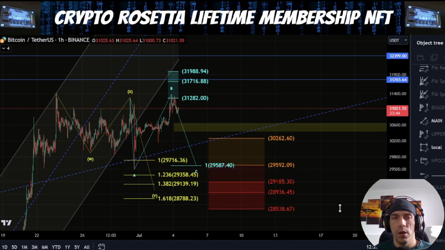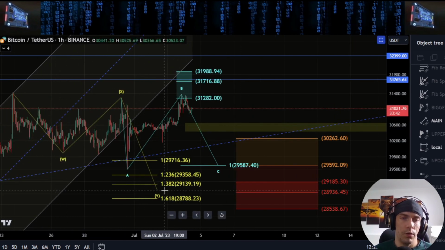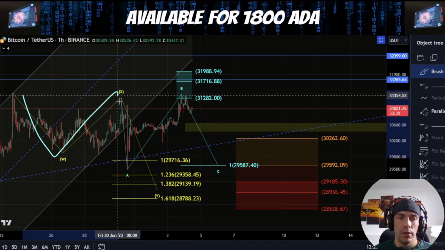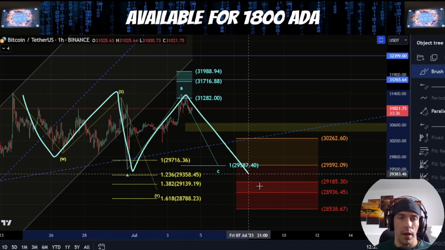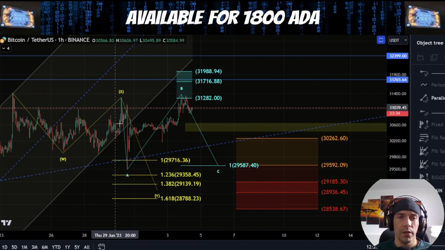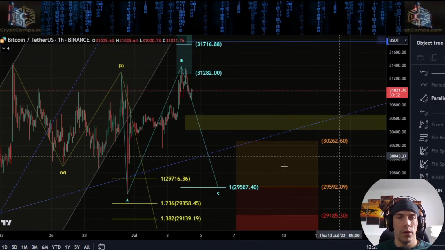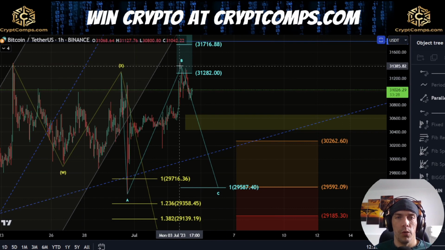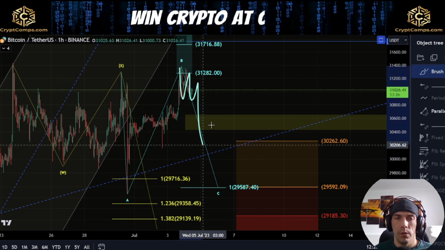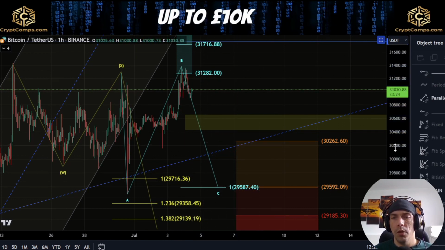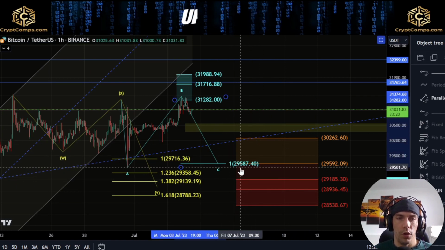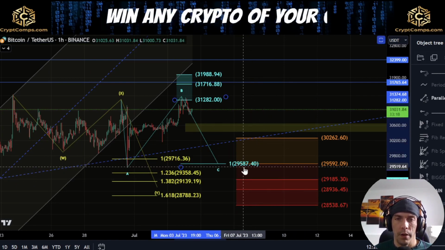Now, there is another way of counting this. We could argue that we are still within this yellow Y wave, where this is W, this is X, and then what we have here is A, B, and C. I wouldn't like to see this get too much bigger, but if we do get a 5-wave drop to the downside here, where from this point we form 1, 2, 1, 2, 3, 4, 5, 4, 5, price could come down towards this area of this 1-to-1, which would be this 29,587.